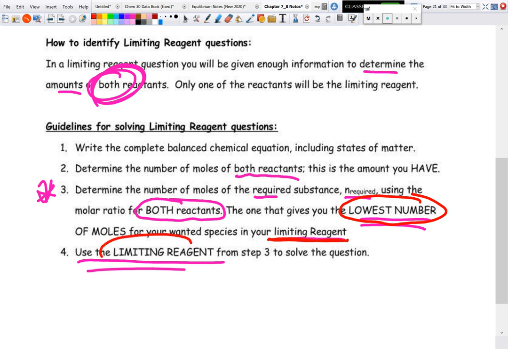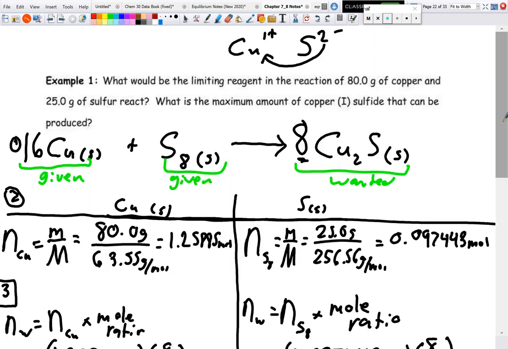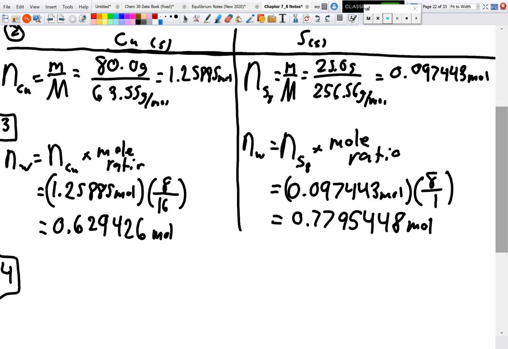So we use our limiting reagent from step 3 to solve our question. So that means we look at the number that is lowest. So this right here is our limiting reagent.